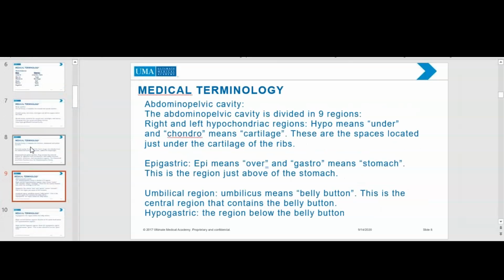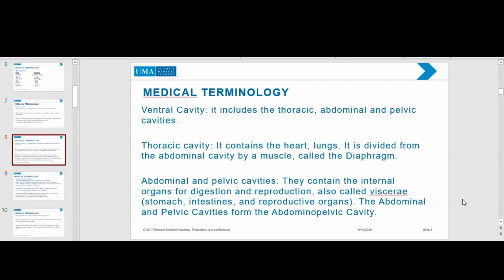The abdominal and pelvic cavities contain internal organs for digestion and reproduction, also called visceral organs: stomach, intestines, and reproductive organs. The abdominal and pelvic cavities form the abdominopelvic cavity. Guys, see that? The abdominal and the pelvic cavities form the abdominopelvic cavity.